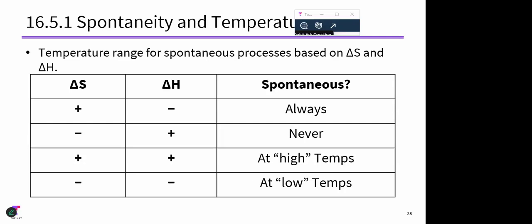So like I said, first condition, if it's favorable in entropy, favorable in enthalpy, it's going to be spontaneous. Doesn't matter what temperature we try to run it, it's going to react. And meanwhile, if it's not favorable in entropy and not favorable in enthalpy, it's never going to happen. Doesn't matter what temperature we try to run it at, it's not going to happen.